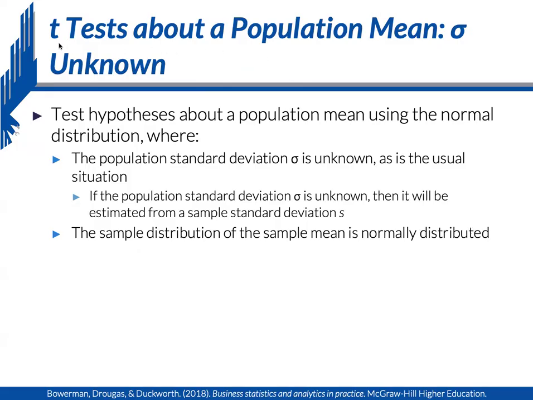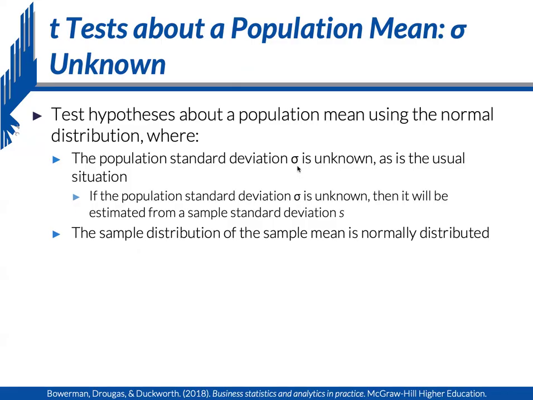Next, since this is based on the t-distribution, which is normally distributed, this requires that the sampling distribution of the sample mean is normally distributed. However, what makes this different from the z-test for the population mean is that this does not require a value for the population standard deviation.